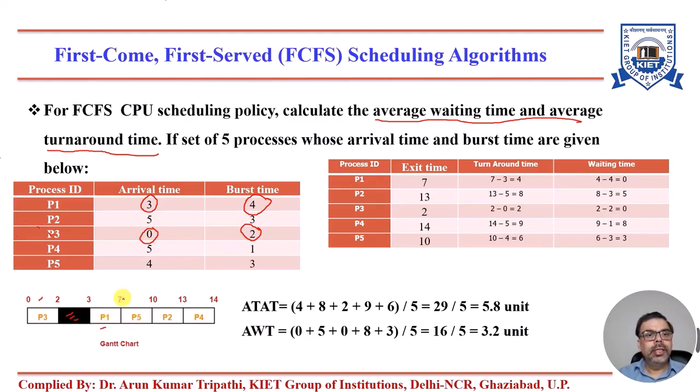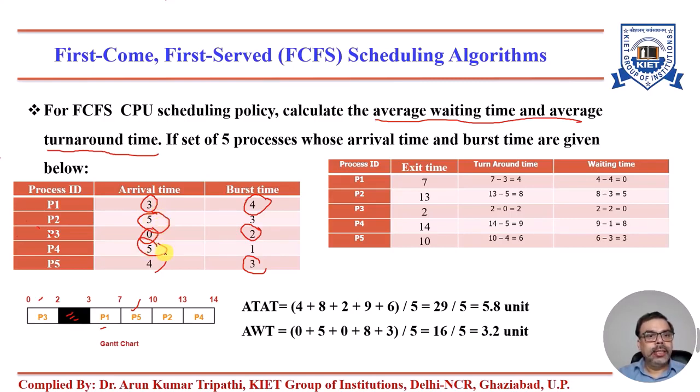Then at time unit 4, a new process P5 arrives. It will execute for 3 units of time. Then at 5 milliseconds, two processes arrive simultaneously, P2 and P4.